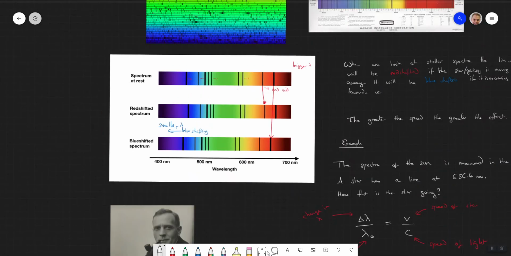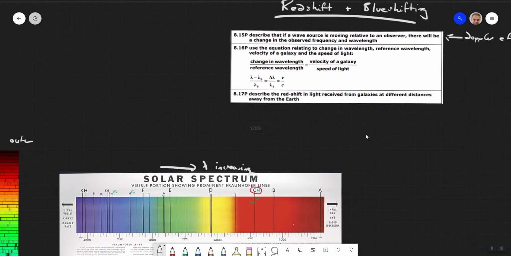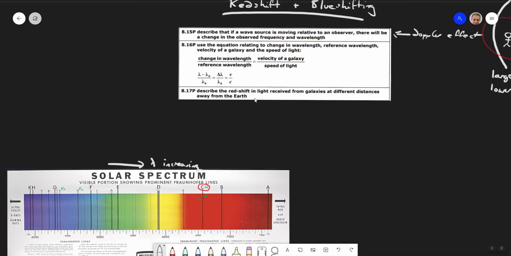Now, final thing to be aware of is what this last bit means. Describe the redshift in light received from galaxies at different distances away from the Earth.